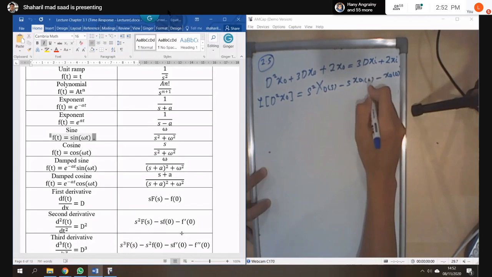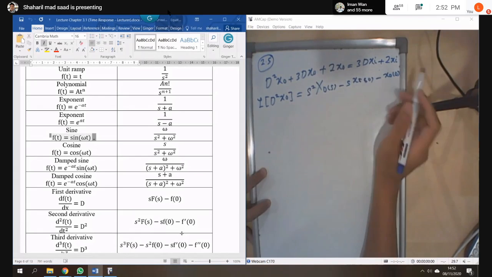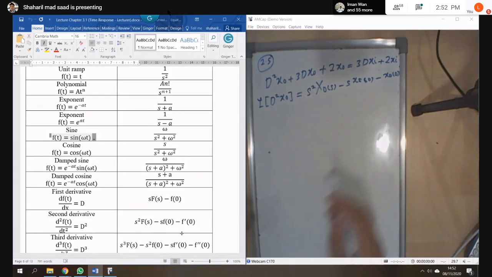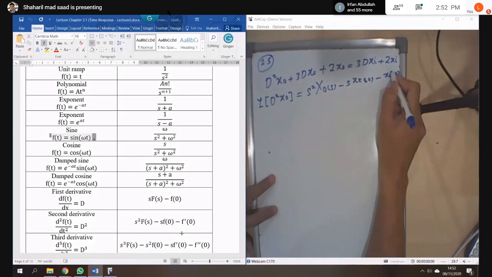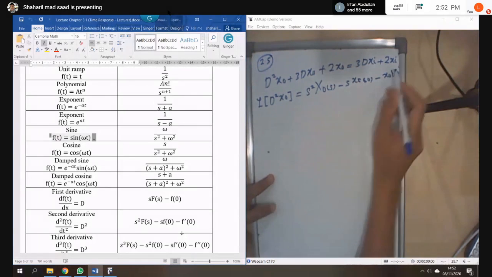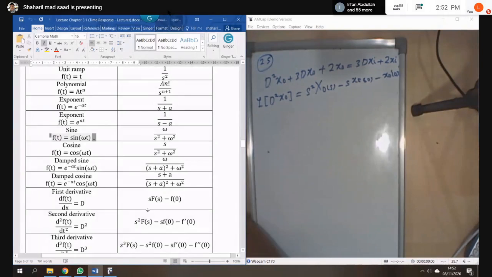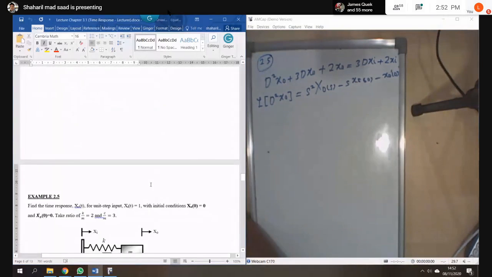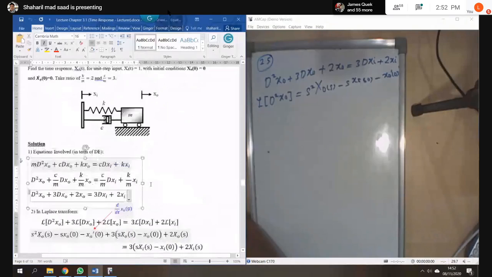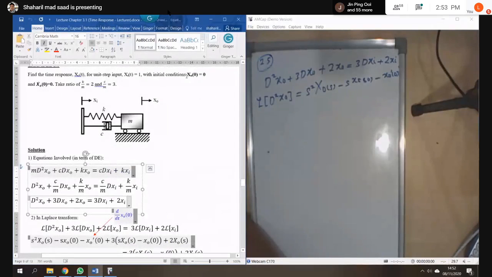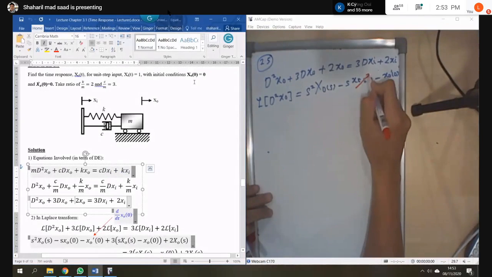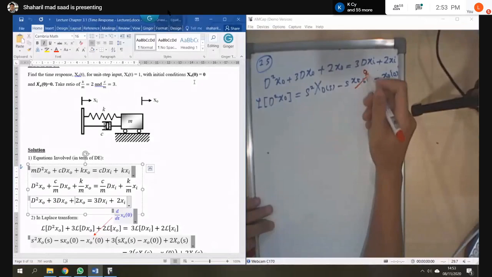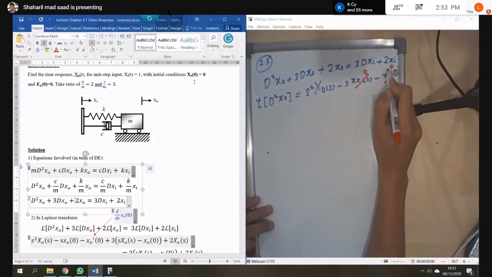Then you apply the initial state: x naught at 0 is equal to 0, and the derivative is also equal to 0.